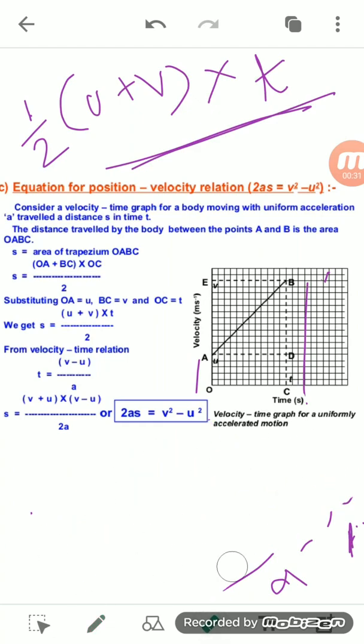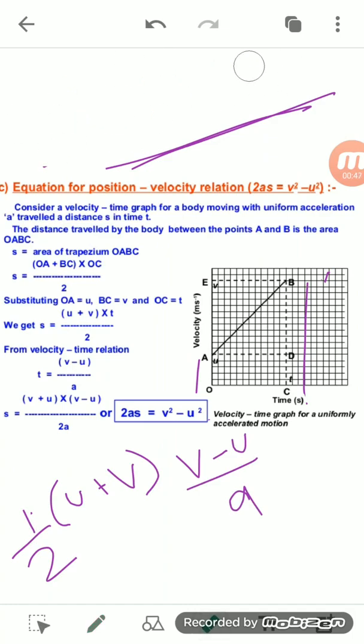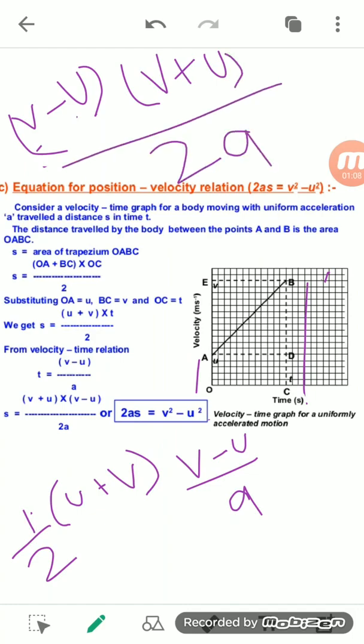So see here, half into U plus V into V minus U upon A. Or we can write it like half into V minus U into V plus U upon 2A.